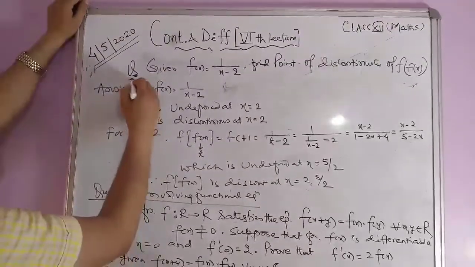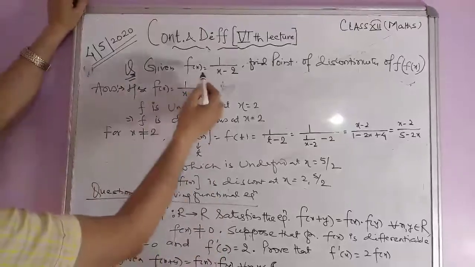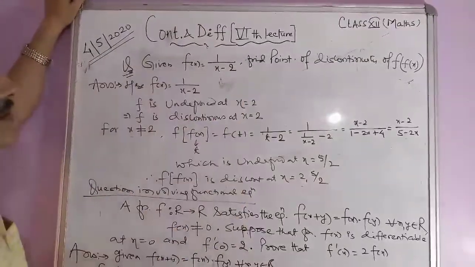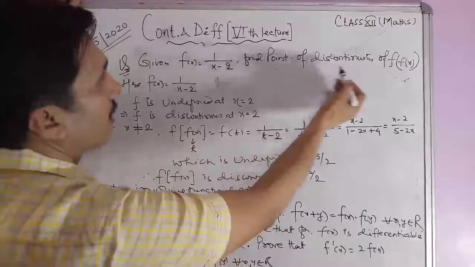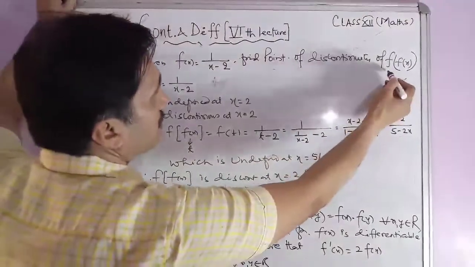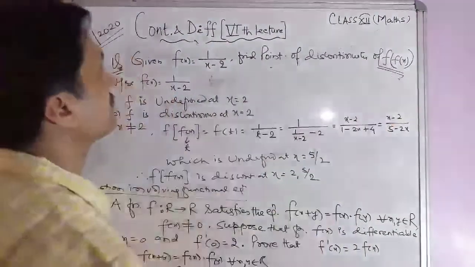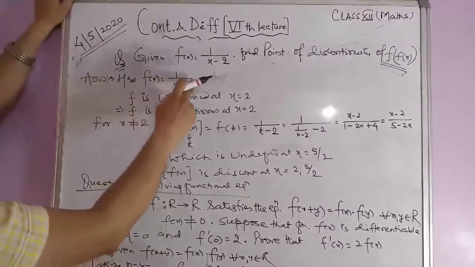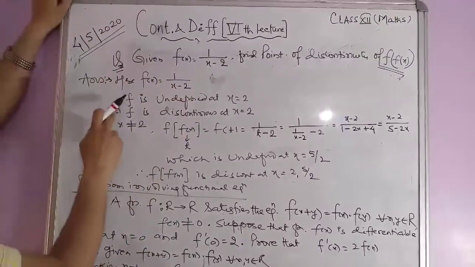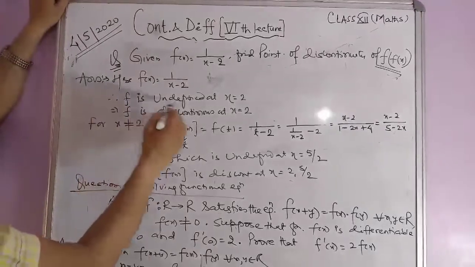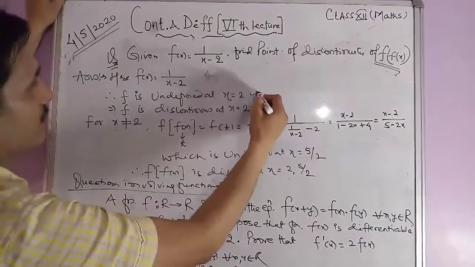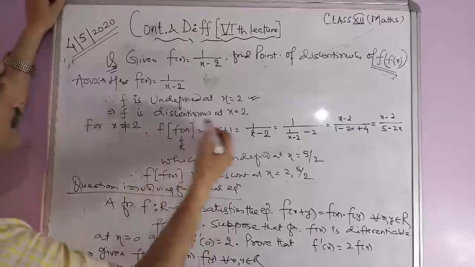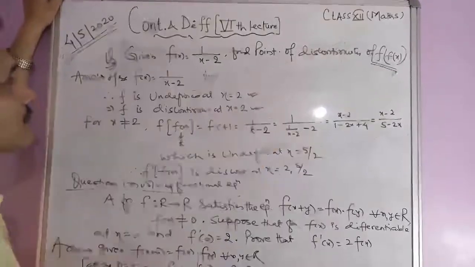The next question: given f(x) equal to 1 upon x minus 2, find the points of discontinuity of f(f(x)). Here f(x) equals 1 upon x minus 2. Since f is undefined at x equal to 2, f is discontinuous at x equal to 2.